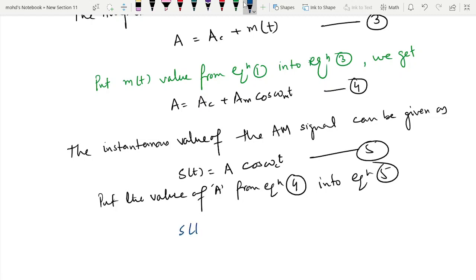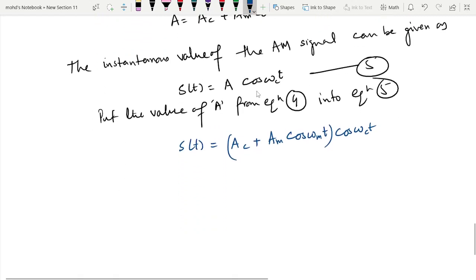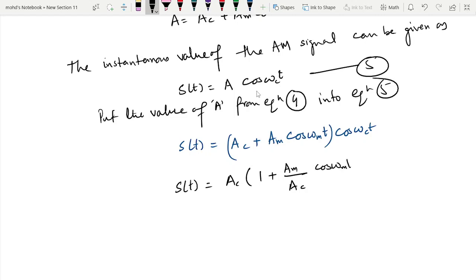s(t) = (Ac + Am cos(ωm t)) cos(ωc t). Now take out the value of Ac, and then it can be written as Ac(1 + (Am/Ac) cos(ωm t)) cos(ωc t).